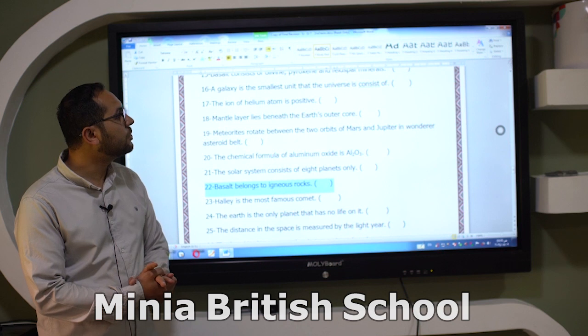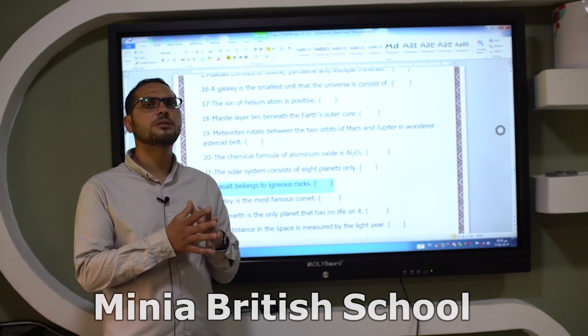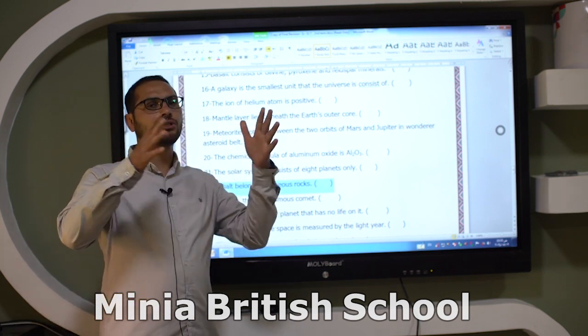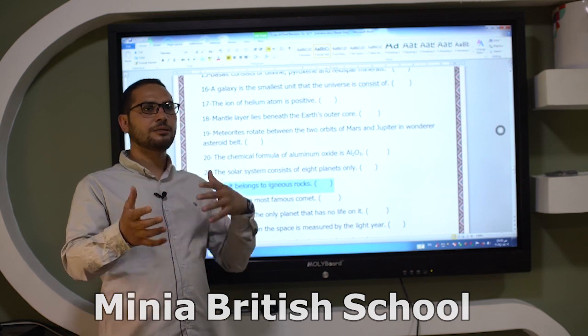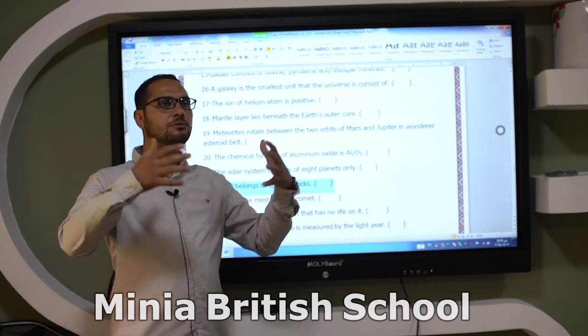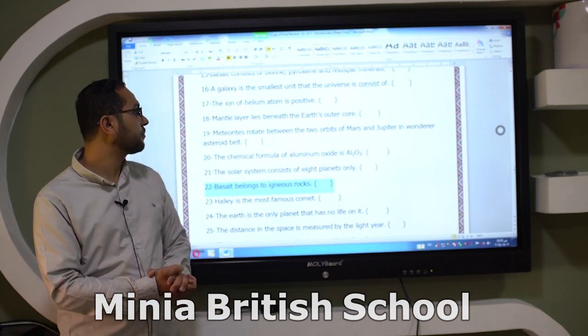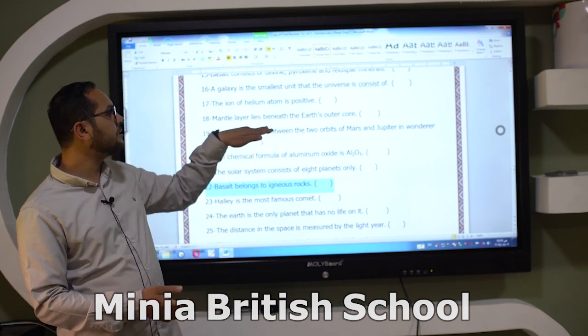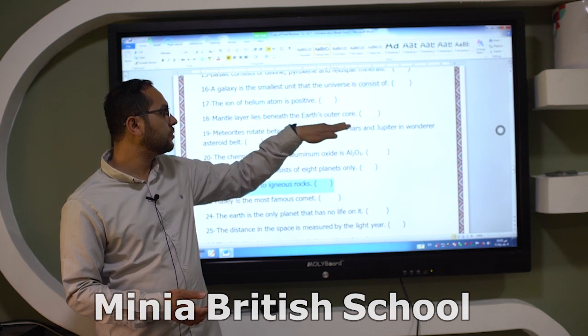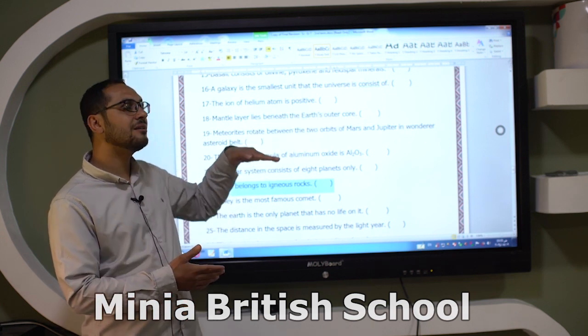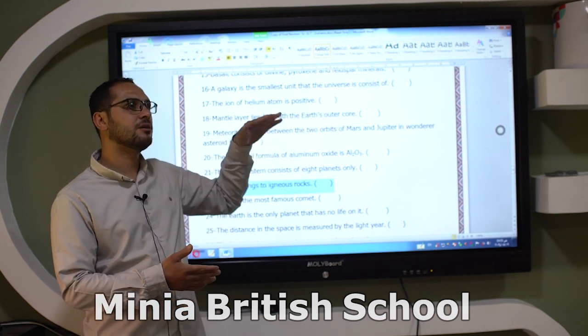The galaxy is the smallest unit in the universe. No, this is the largest unit. A galaxy with other galaxies, millions of galaxies, forms the universe. The mantle layer lies beneath the Earth's outer core. No, the mantle lies beneath the Earth's crust.